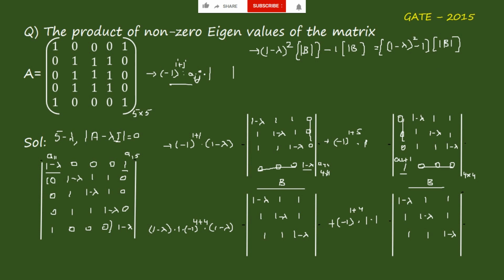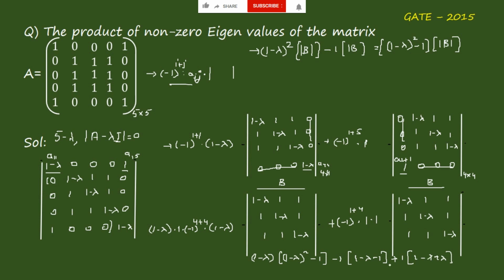So first we'll find the determinant of this particular matrix. So it becomes 1 minus lambda into 1 minus lambda whole square minus 1, and next term is minus 1, and this is 1 minus lambda minus 1 plus 1 into, it becomes 1 minus 1 plus lambda, right?